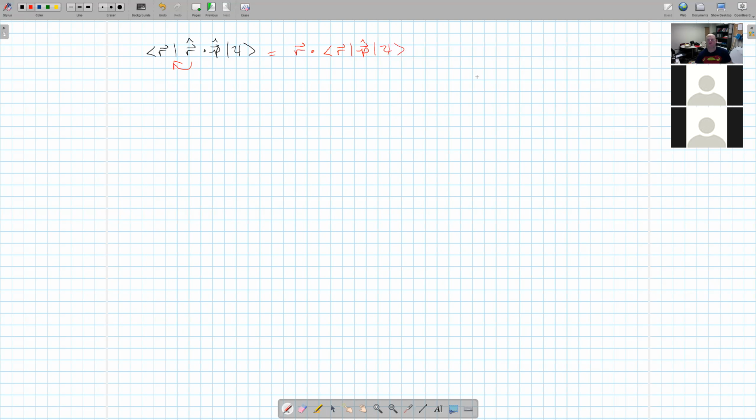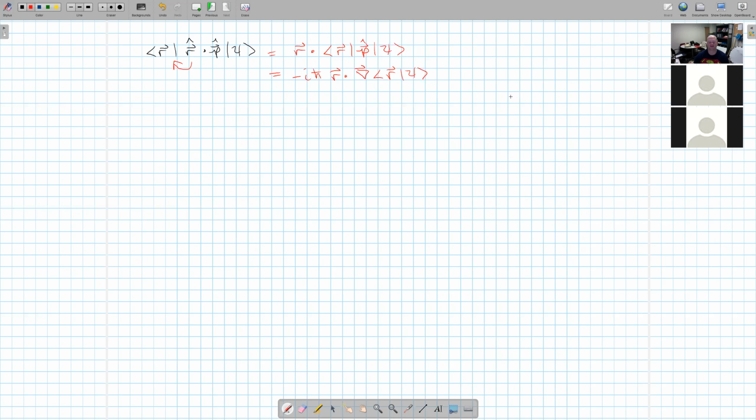But we know from chapter 6, and the beginning part of this chapter, that when I act p then onto psi, what I get is a negative IH bar times the gradient operator. So this is going to be equal to minus IH bar, r vector dotted with the gradient operator, acting then onto r psi.